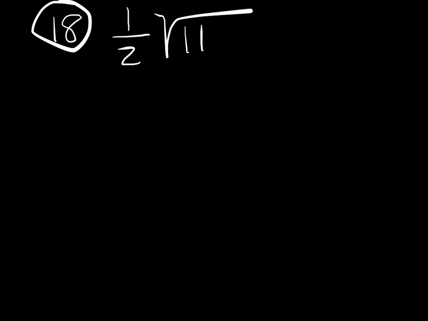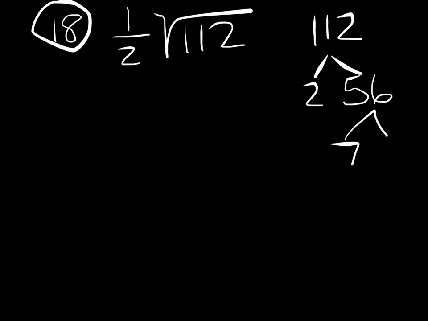Okay, let's look at number 18. So I've got 1/2 times the square root of 112. The first thing I'm going to do is factor 112. That's 2 times 56, 7 times 8, 2 times 4, and 2 times 2.